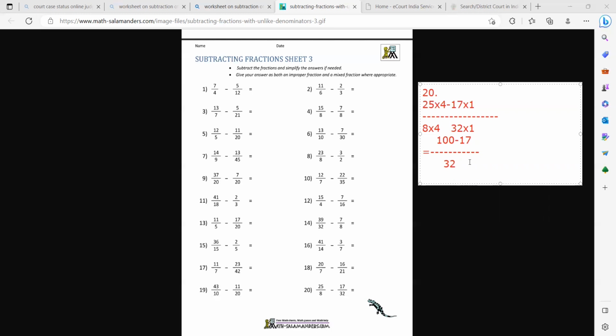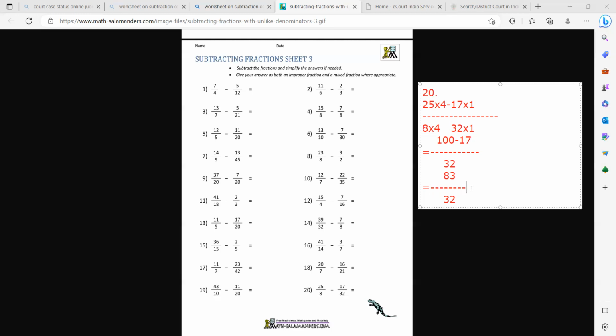The LCM will be 32. And 100 minus 17 will be 83. 0 minus 7 is not possible, so we take 10, and 10 minus 7 is 3. Then 0 becomes 9 because we took 10, so 9 minus 1 is 8. So 83 plus 17 is 100.